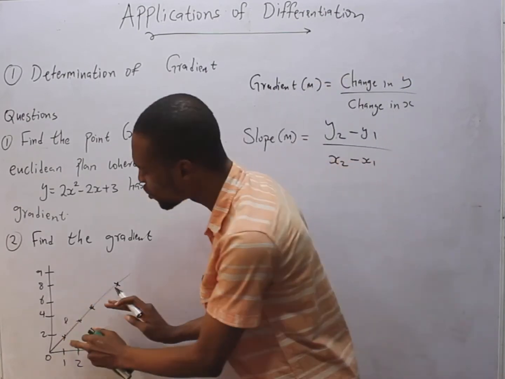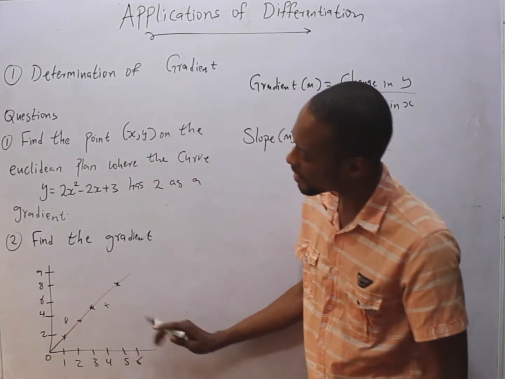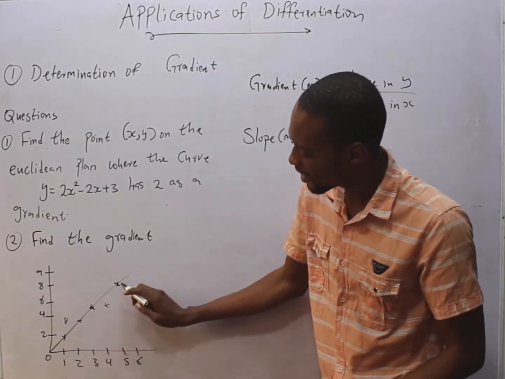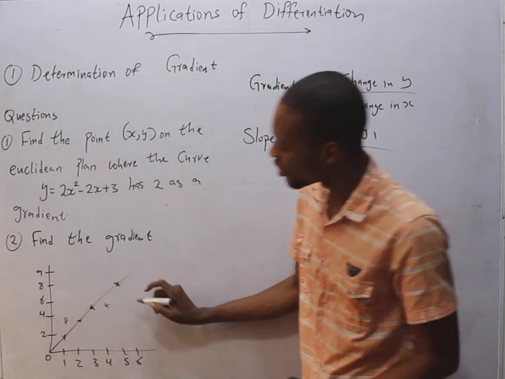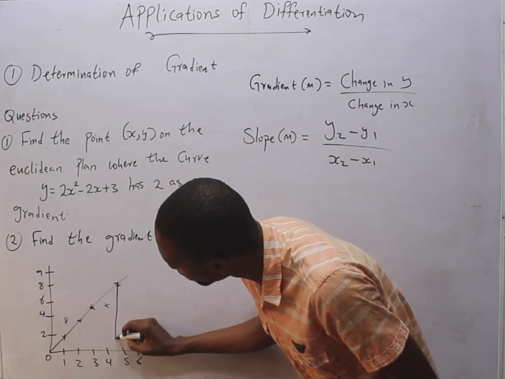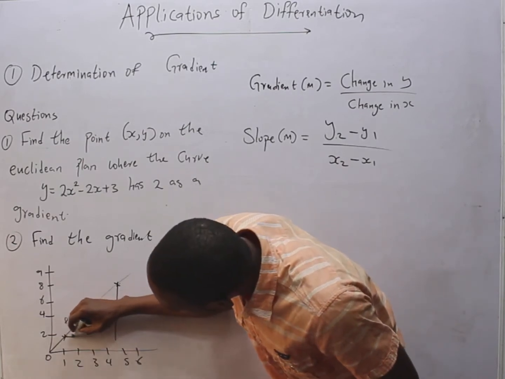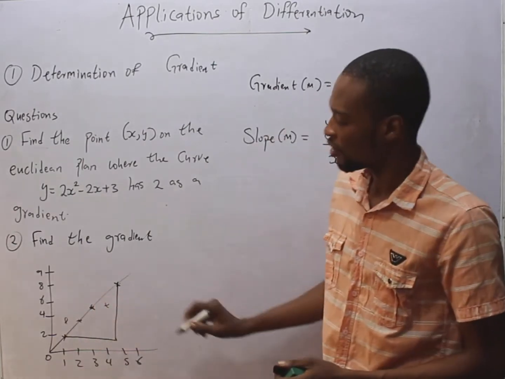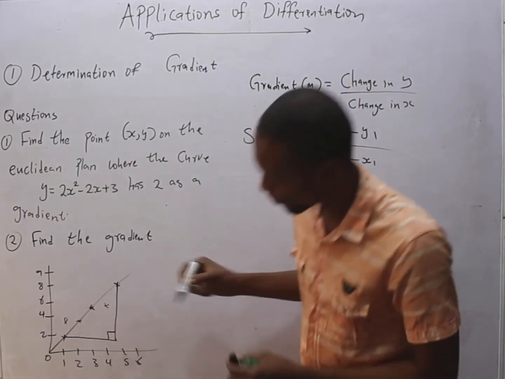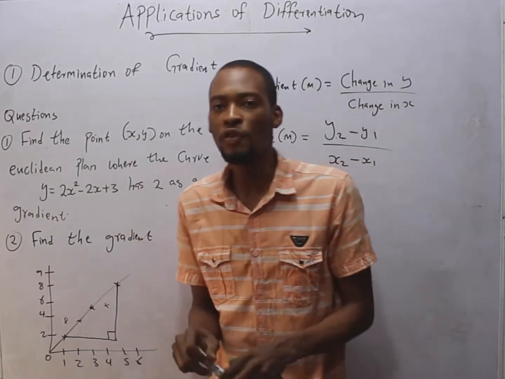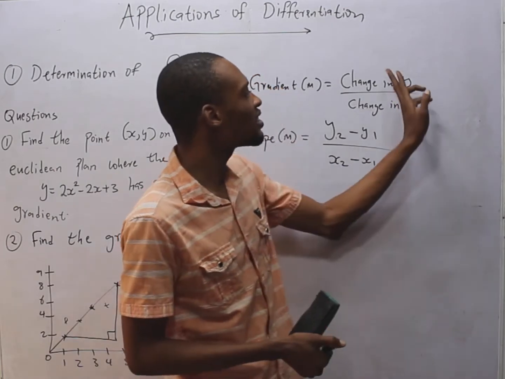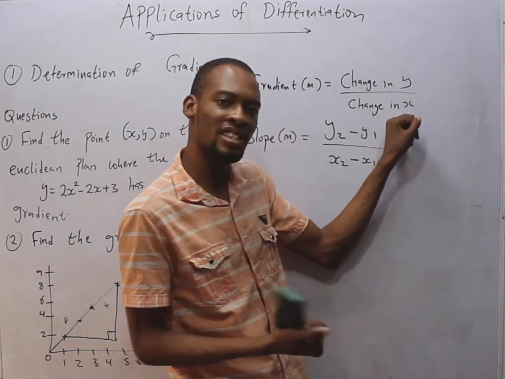Choose any 2 points on the graph. In this case, let's pick this and this. From here, draw a line down. From here, draw a line here. You formed a 90 degree angle. What are we looking for? We are looking for change in y divided by change in s.